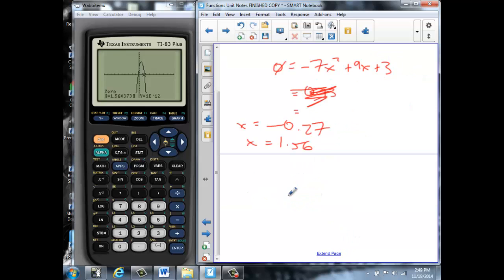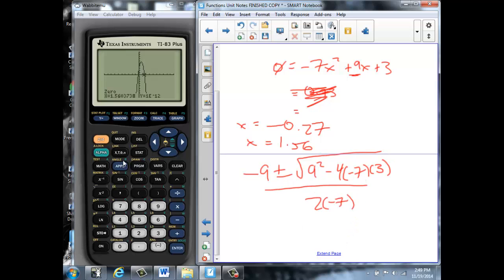Okay, let me actually do the quadratic formula then. So you need to do negative 9 plus or minus the square root of 9 squared. Wait, negative 9, because this is your b value here of 9. So it's negative b. I just had the numbers in the wrong positions. Minus 4, negative 7, 3, all over 2, negative 7.